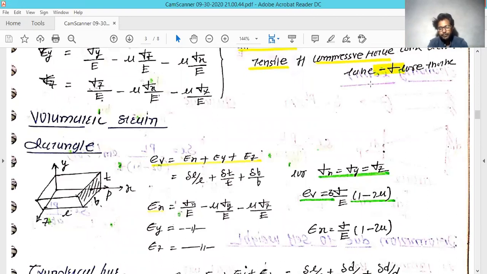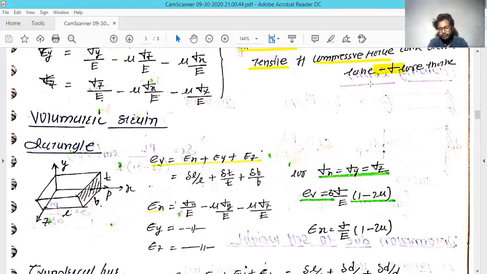If you apply force in the x direction, as I have taken, the force P applied on the hash plane is acting toward the positive x direction. So what will happen? It will extend the length, and by changing the length in the positive direction, it will reduce the thickness T and width B in the Y and Z direction respectively.